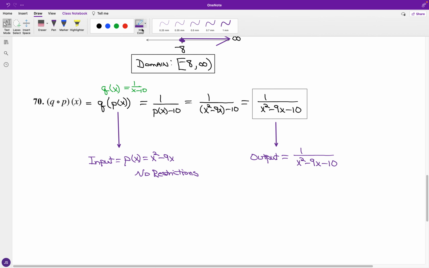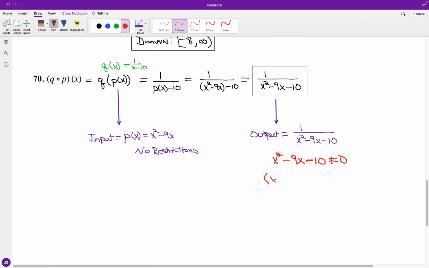In this particular case with a fraction, the denominator cannot be 0. And if that expression cannot be 0, neither can the factors. For this trinomial, we got the factors x plus 1 and x minus 10, neither of which can be 0.